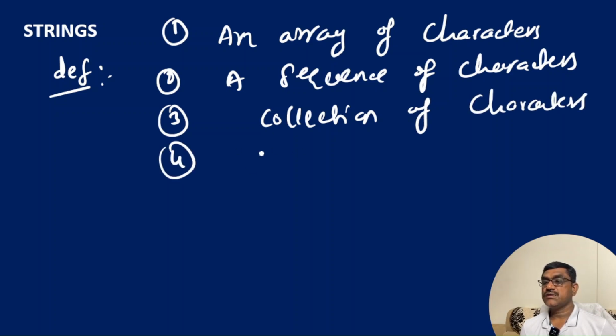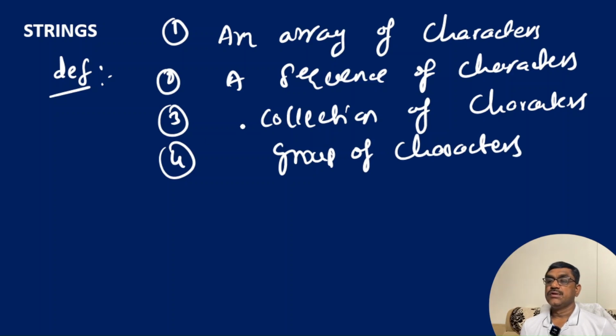Or the last one, we can say a group of characters. We can say a collection of characters, a group of characters, a sequence of characters, or an array of characters. Right?